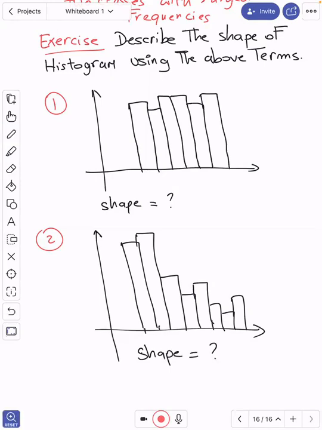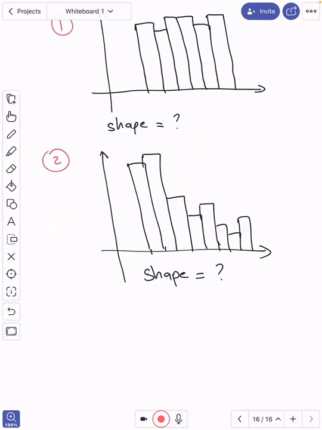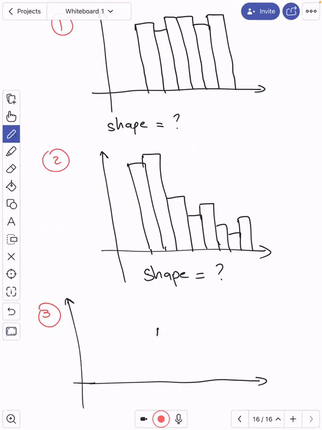Okay. Number three, and the last one. Number three. Right, so let's see.